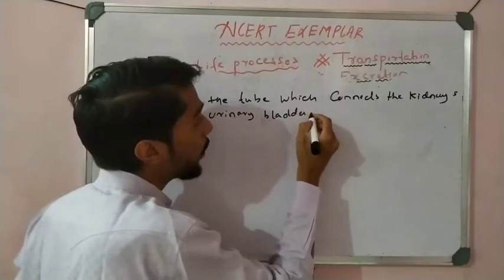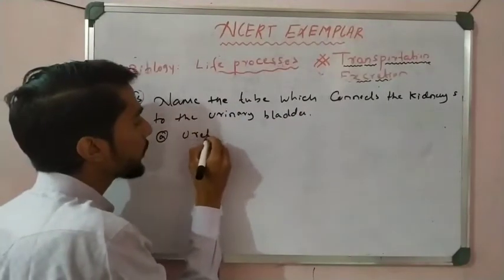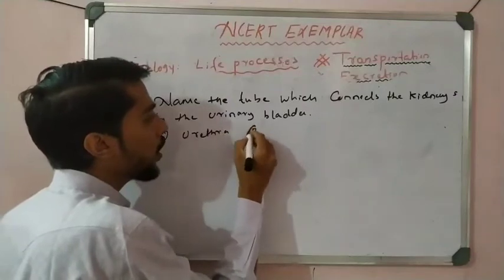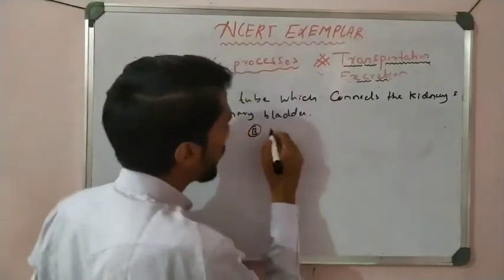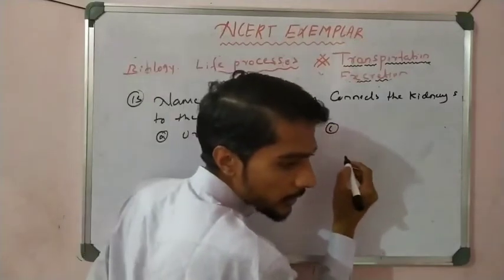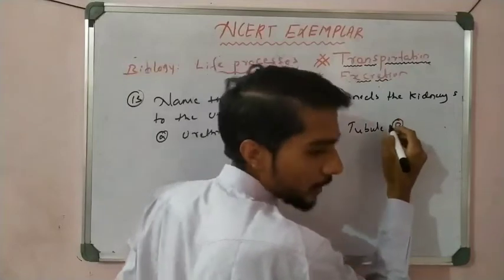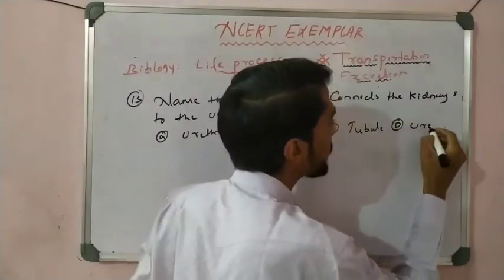Very important. Option A is urethra, option B is nephron, option C is tubule, and option D is ureter.